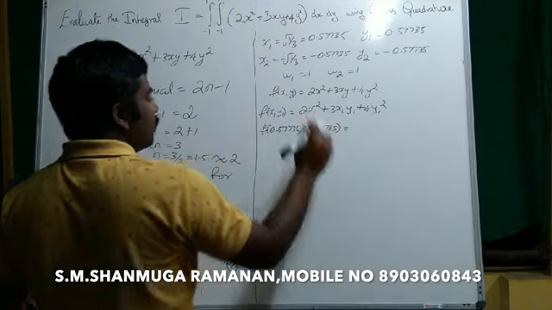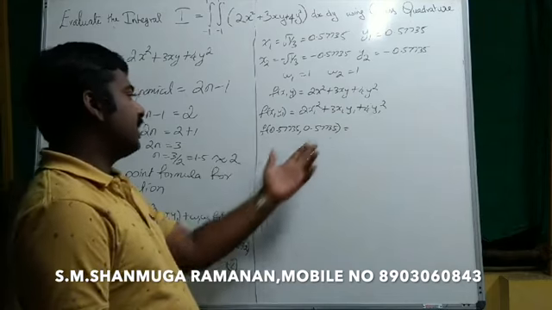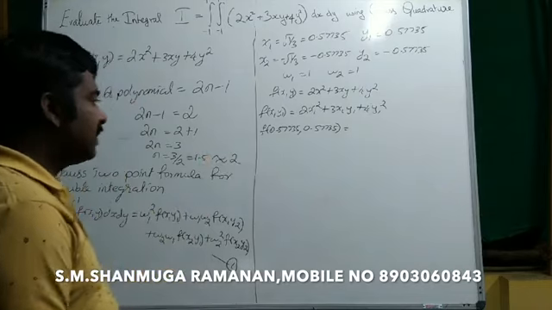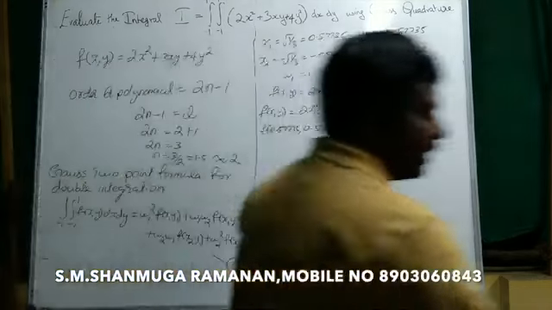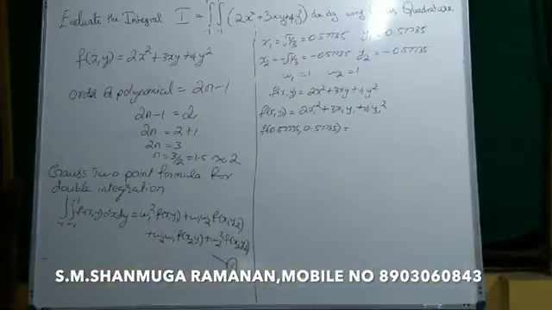It means 2 times 0.57735 squared plus 3 times 0.57735 times 0.57735 plus 4 times 0.57735 squared. So here we use the calculator.